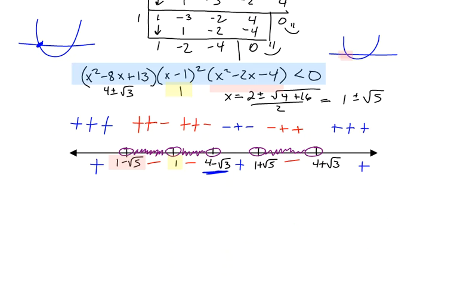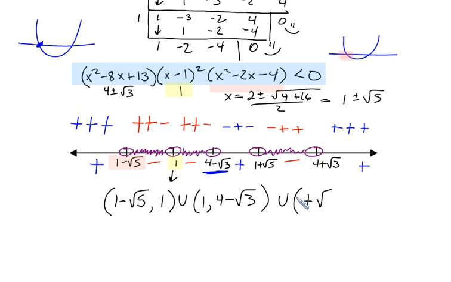Ultimately, for our answer in interval notation, it's going to be round parentheses 1 minus radical 5, comma 1, don't overlook the fact that 1 is not a solution, union 1 to 4 minus radical 3, union 1 plus radical 5 to 4 plus radical 3. All of those round parentheses due to the strict inequality, and that would be our solution in its final form.